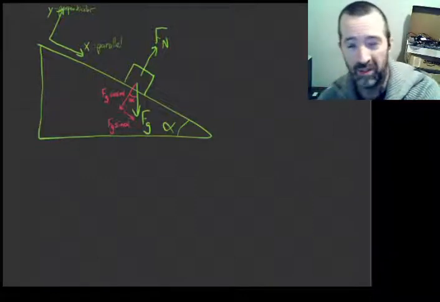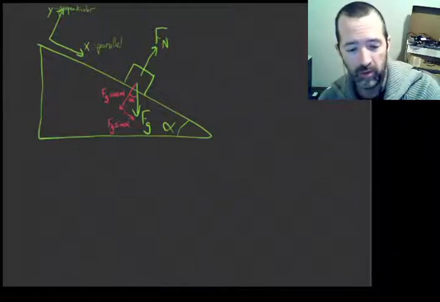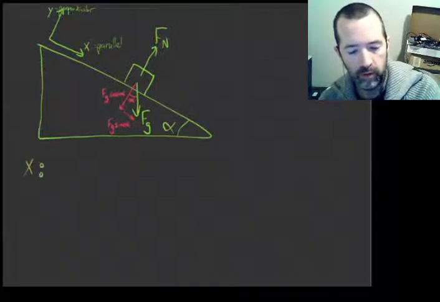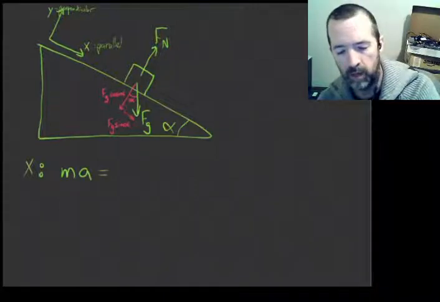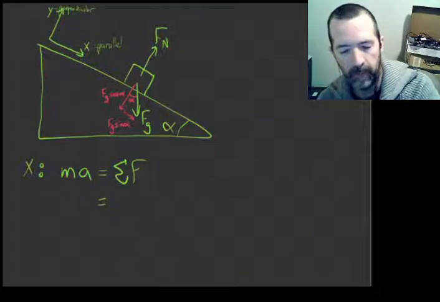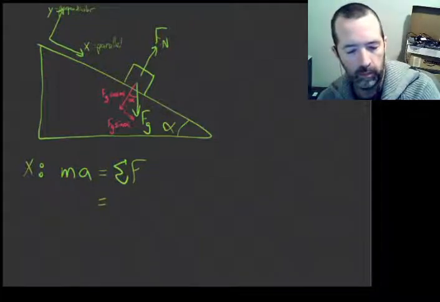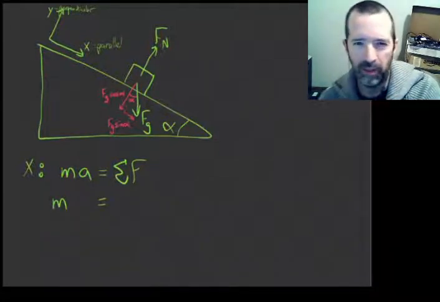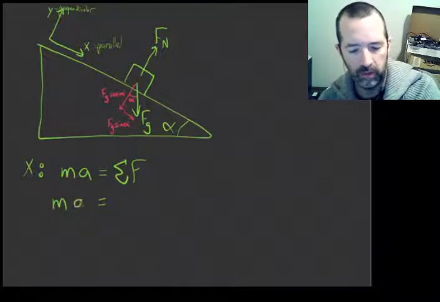So I'm going to start by trying to write forces in the x direction, since that's the direction the acceleration is going to be in. So I know that ma has to equal sigma F. For now, I'm not going to put any numbers on it.